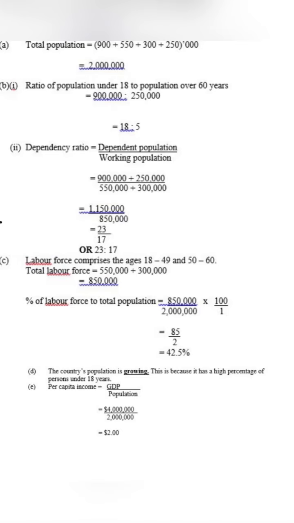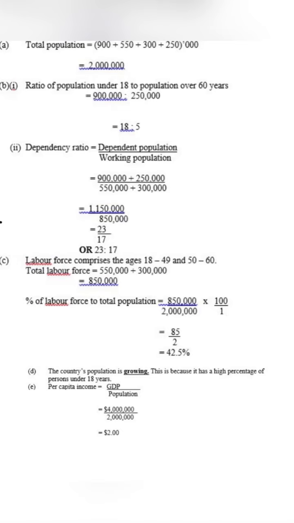The D part of the question is asking us whether the population is growing or declining. And from the look of things, you see that the population is growing. The country's population is really growing because it has a high percentage of persons under 18 years, a lot of them. And the aged population is very few. And that means that the population is growing.